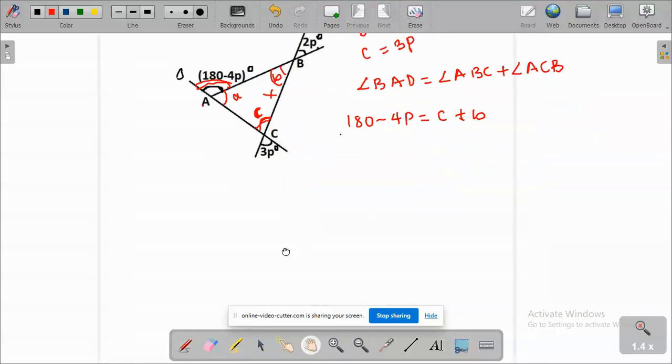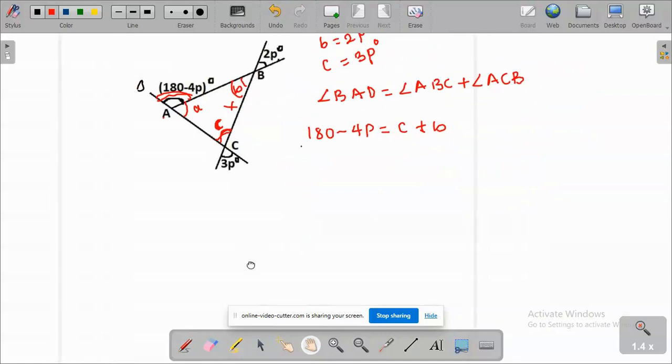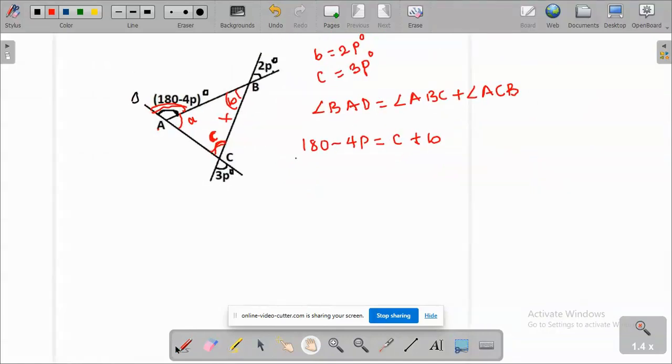So here, if we move this this way, we see that this becomes 2p plus 3p is equal to 180 minus 4p.